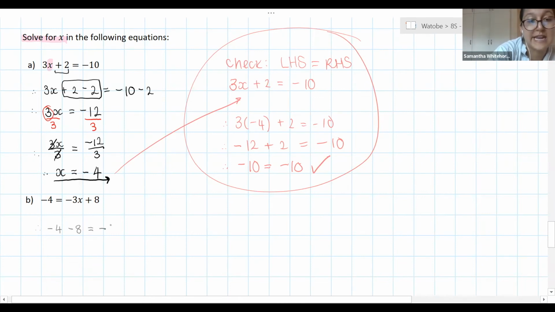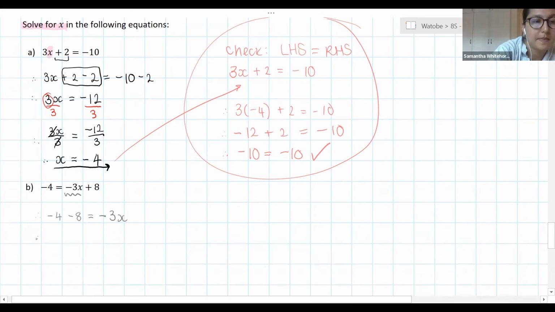Okay, so careful, it's -3x, hey? Yes, ma'am. Okay, cool. And then I got the answer, which is -12 equals -3x. Perfect. And then what do I need to do? You need to divide by what? -3. Perfect. Okay, so we're going to divide both sides by -3.